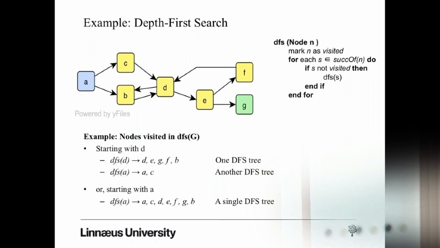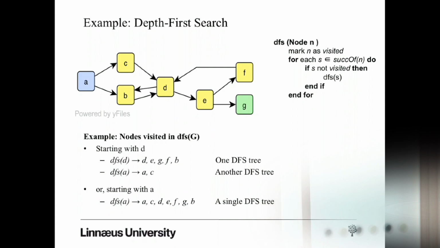So starting from the D, I can only visit D, E, G, F, and B. I will not be able to visit C and A. That's another example, it means that this is not a connected graph because there is no path from D to C and A. Okay?